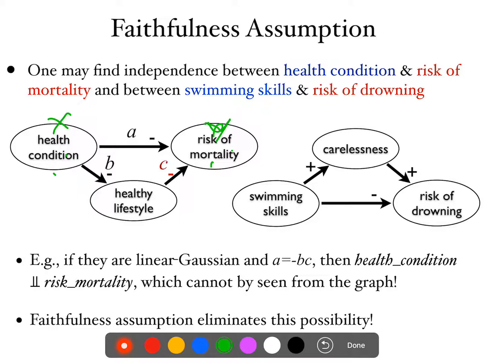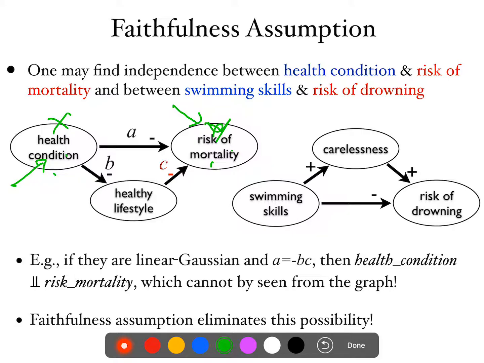And there are many ways to justify why we can assume faithfulness. One way to justify this is based on modularity. Remember last time I talked about modularity. If you have a causal process, the generating process for this variable and the generating process for this variable will be completely separable or independent.